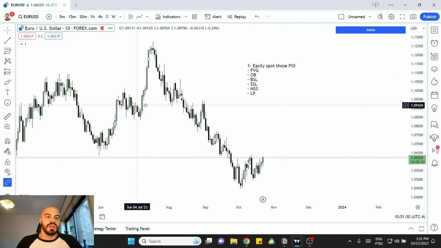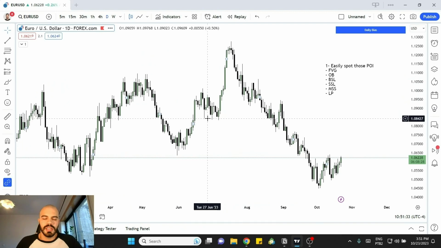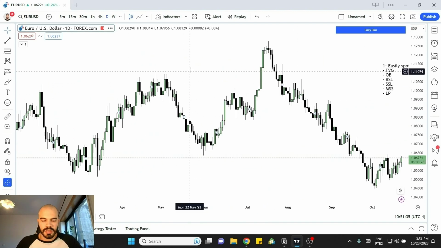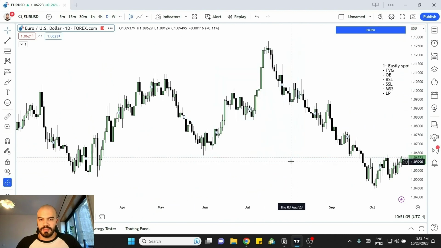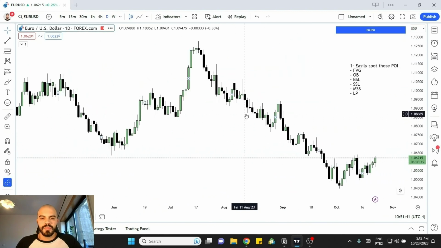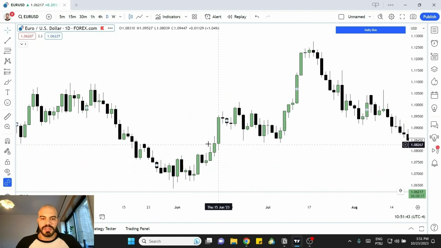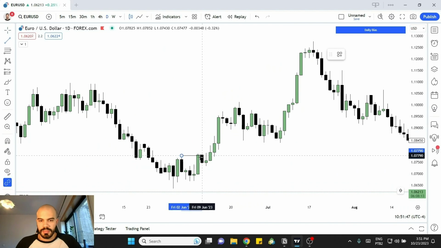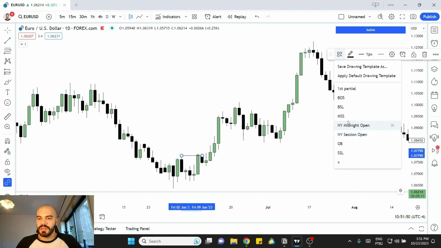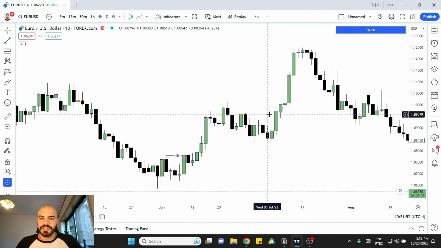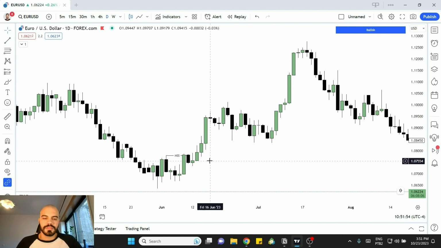So for example, here on EUR/USD, let's get this part of the chart. I can see that on the daily time frame, there was a displacement. There was a market structure shift right here.